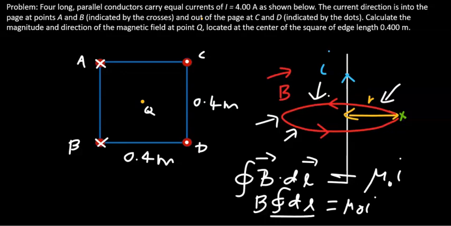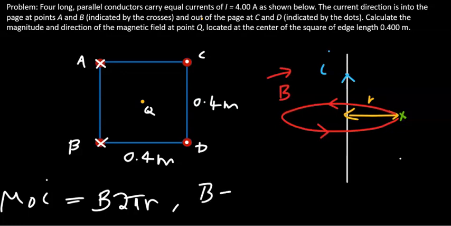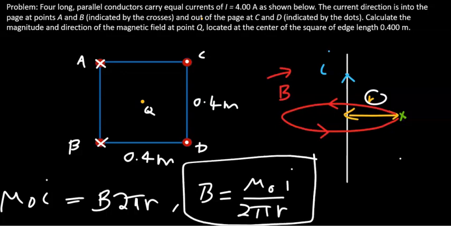This integral here refers to just the circumference of that circular path. So that integral will simply become B 2 pi r, and that equals mu naught I. And we can solve for the magnitude of the magnetic field at the distance r from where the wire is. Namely, it will be B = mu naught I over 2 pi r. So this is the expression for the magnetic field created by a very long conductor carrying current I at a distance r from the conductor.